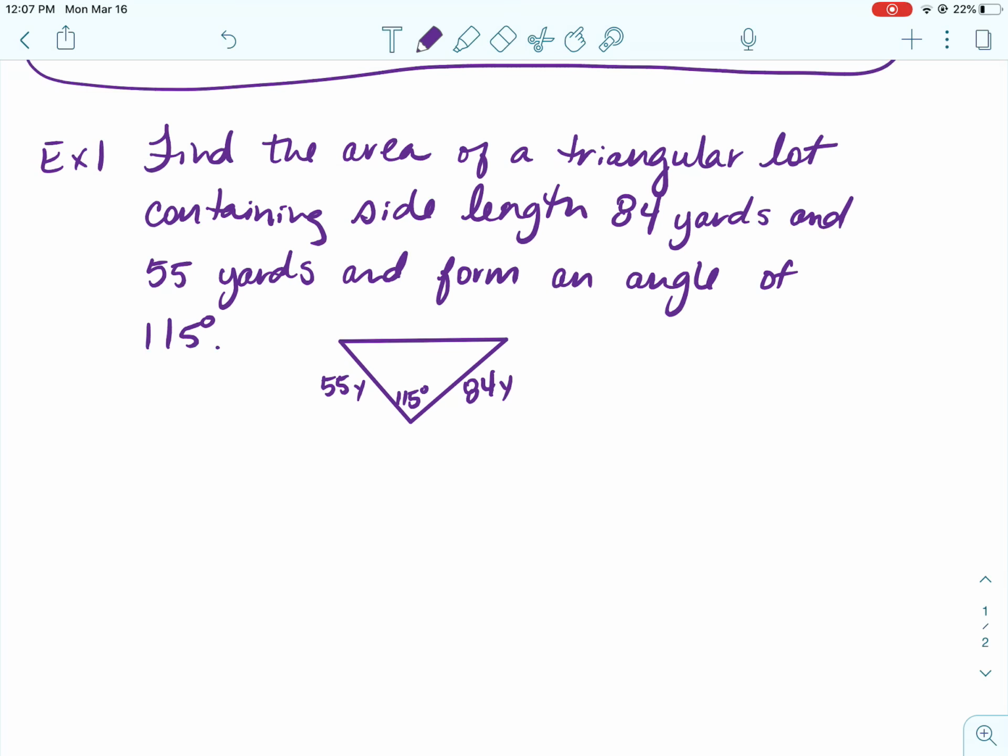And so what I'm looking for is the area. So I'm just going to use my new area formula we just wrote down. It's going to be 1/2. So as long as neither one of those sides are opposite of the angle, we can use the formula. So they're the sides surrounding the angle. So we just multiply them together and then multiply by the sine of the angle.